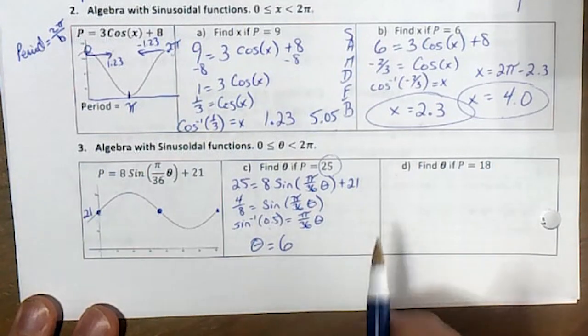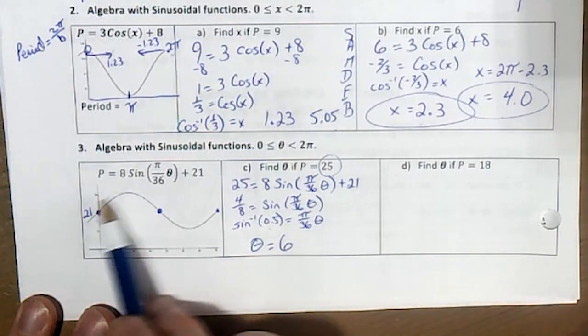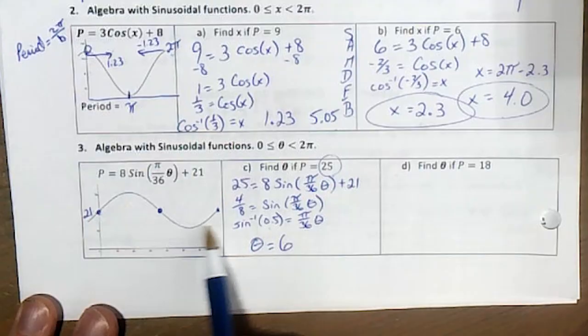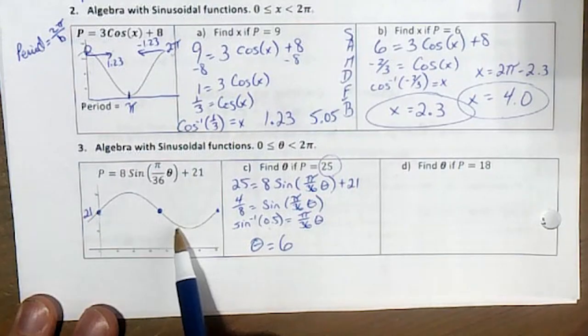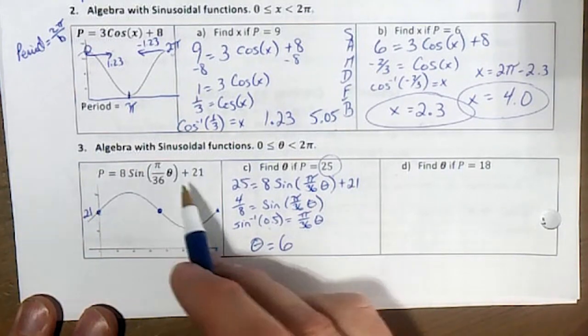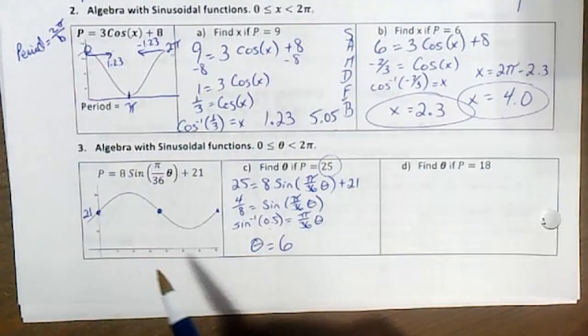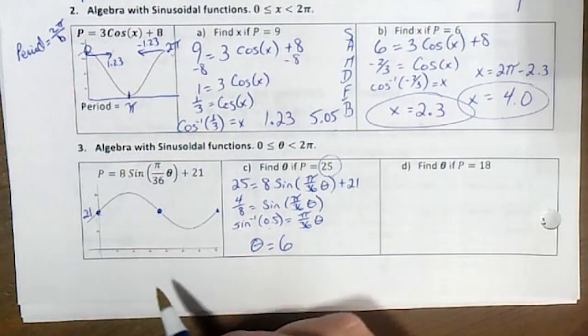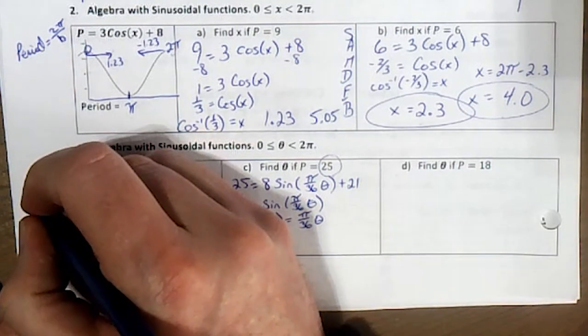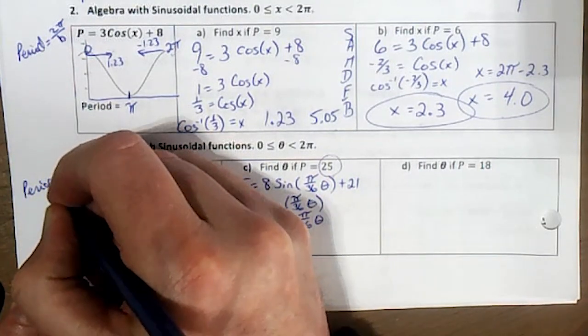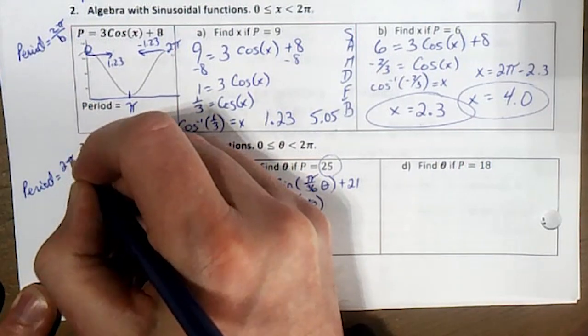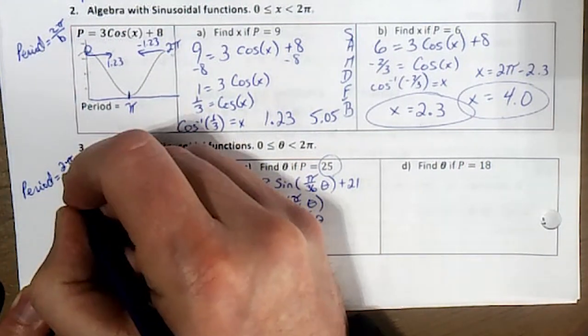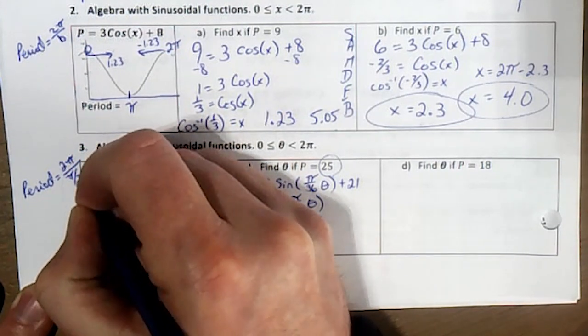Now, to find the second one, I've got to figure out, is it in the top portion or the bottom portion, quadrant 1 and 2, or 3 and 4? Now, to figure that out, I'm going to find the period and I'm going to divide by pi over 36.